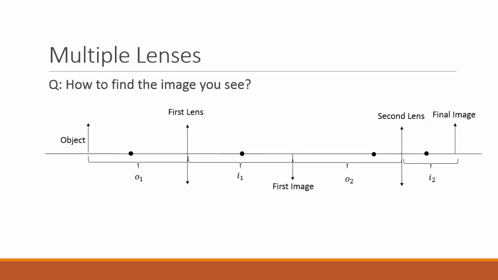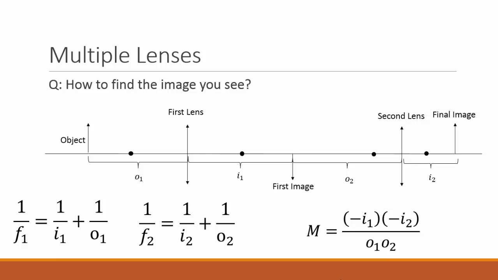The reason why is that even though they're physically the same object, the distance I1 is measured from the first lens. So how many centimeters is the first image from the first lens? And then this O2 is the measurement of how many centimeters the first image is from the second lens. So even if you have the same location, you're often not equally distant from both lenses.